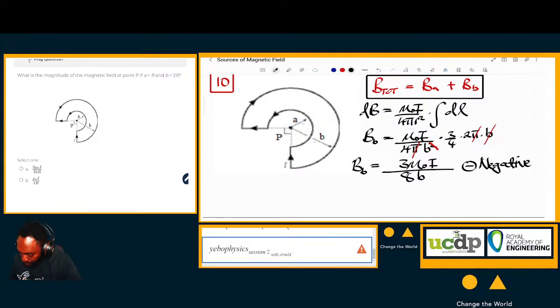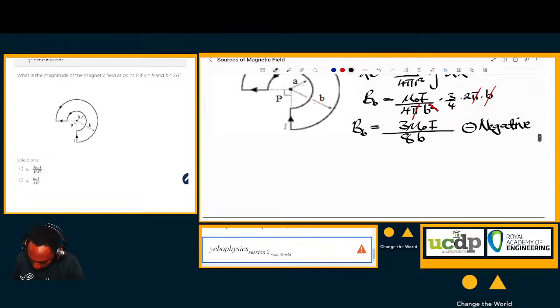All right. Now let's do for B of A, magnitude for A, which is going to be mu naught I over 4 pi A squared, and this is going to be 3/4 of 2 pi A. We do the same thing. We cancel there, cancel there, cancel that, cancel that, and see what we get.